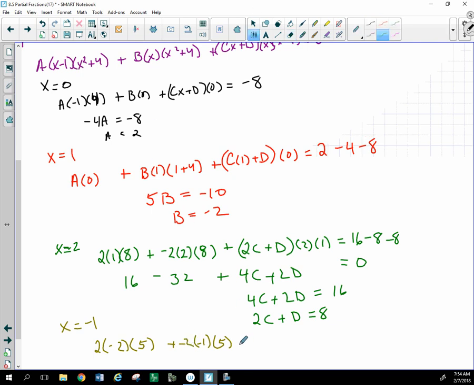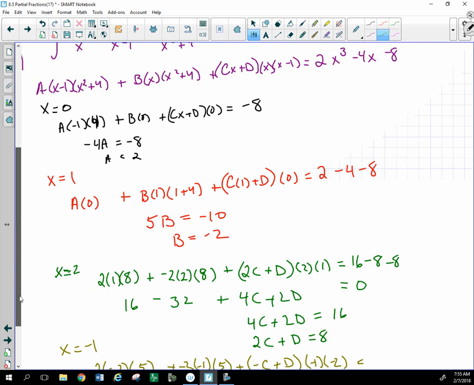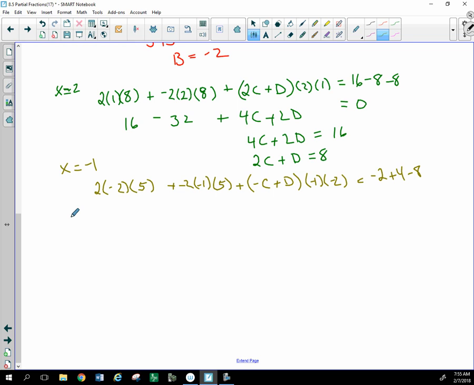And then, since c, we're going to add on negative c plus d, putting in the negative 1, and then we have times negative 1 times negative 2. And then that will equal, putting in negative 1 into all of these guys gives me negative 2 plus 4 minus 8. And so then I'm going to go ahead and simplify this and get another system, and then I'll be able to solve for c and d.